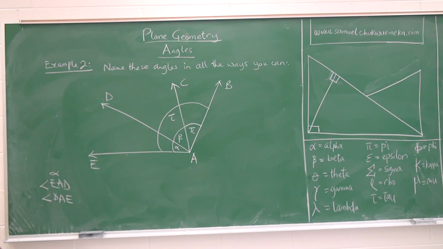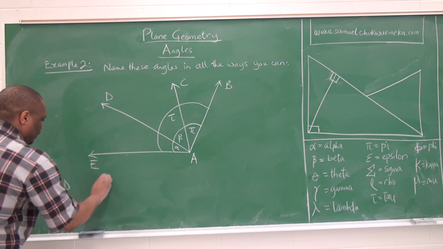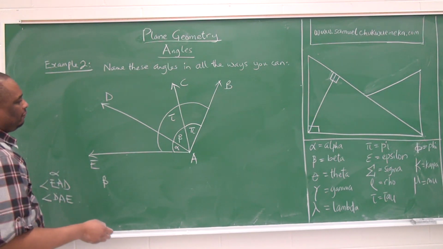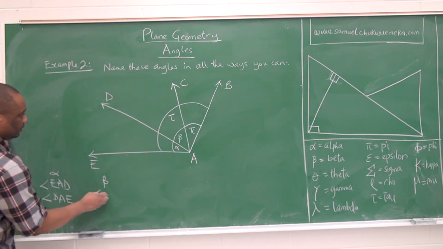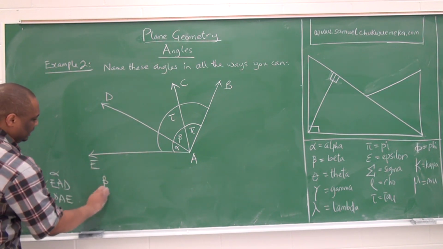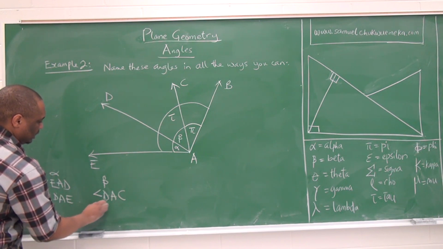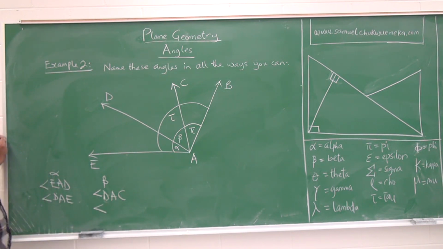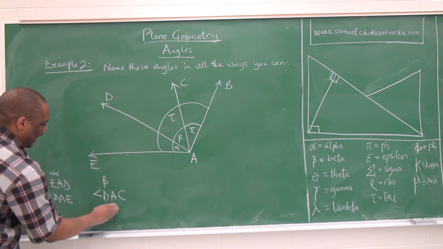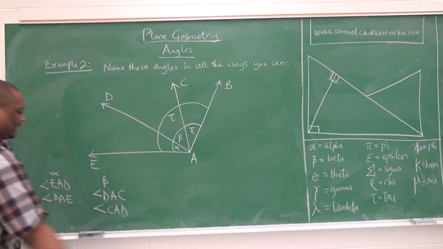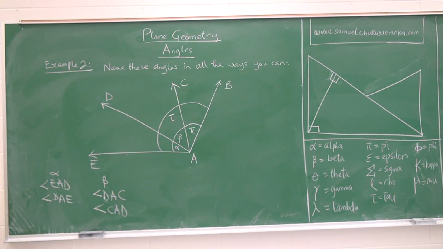That's alpha. Then what of beta? Beta, you can have angle DAC, or angle CAD, CAD, computer aided design. Angle CAD.